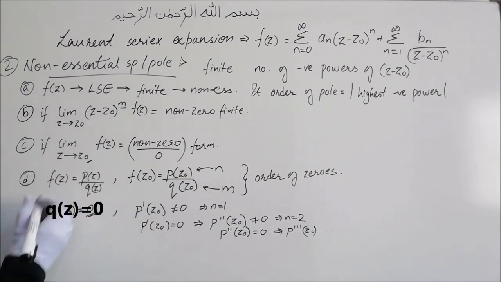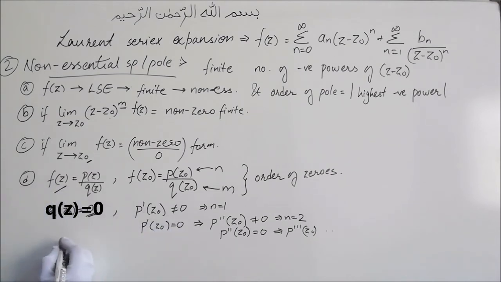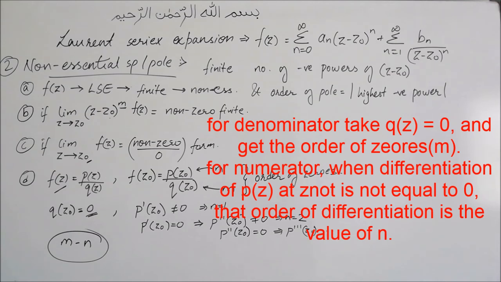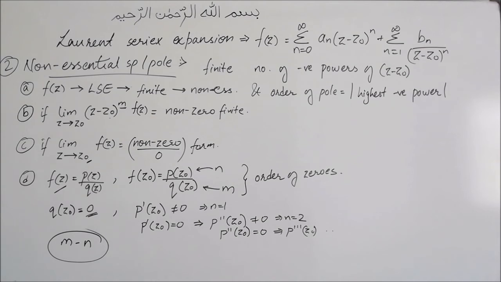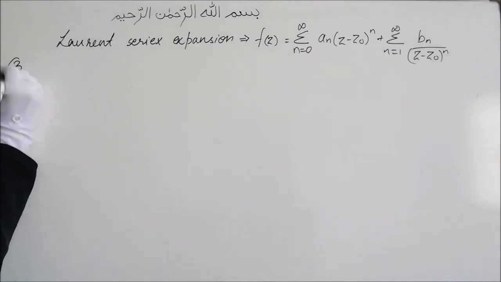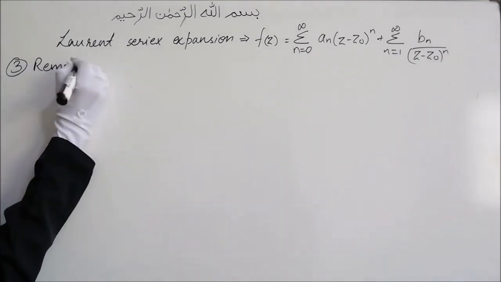Finally, the order of the pole for this function f of z will be nothing but m minus n. Now, which method to use when can be understood by looking at the question as well as the options given, and also by practicing. Third, we have removable singular points.